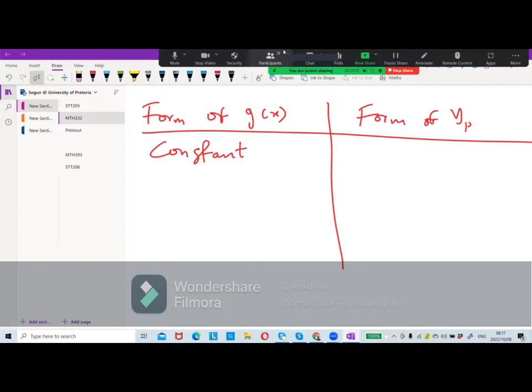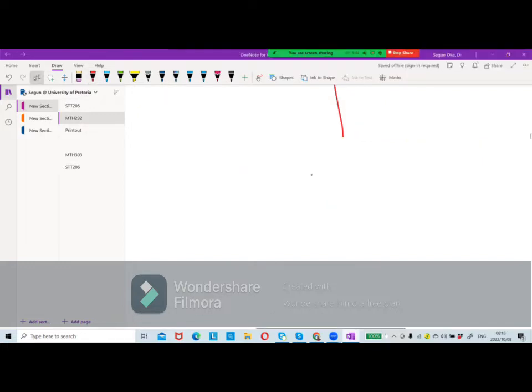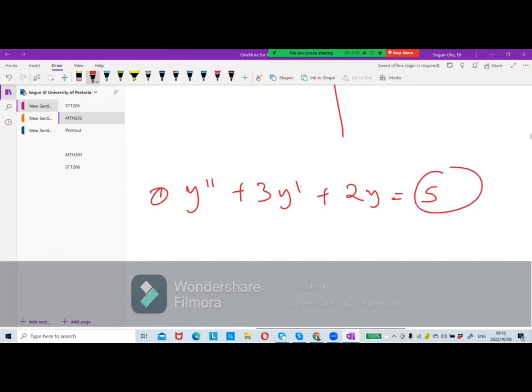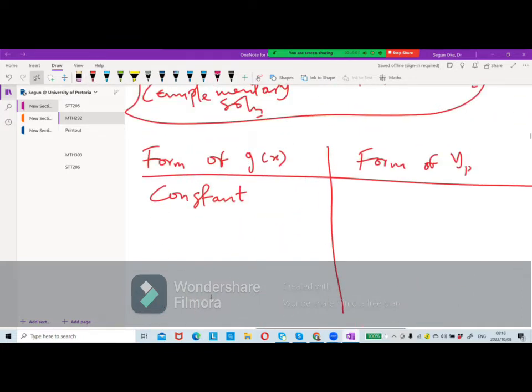If I have an equation like this: y prime prime plus 3y prime plus 2y equals 5. This is a constant in this case, right? So how do we represent it in y particular? You represent it as A. Let's take note of that.